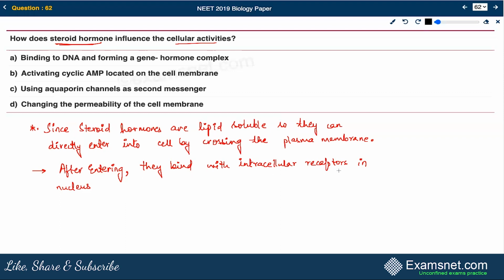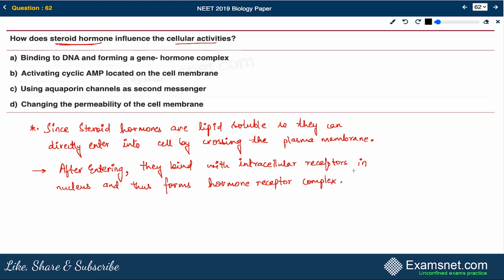So they bind with the intracellular receptors in the nucleus and thus form a hormone receptor complex.